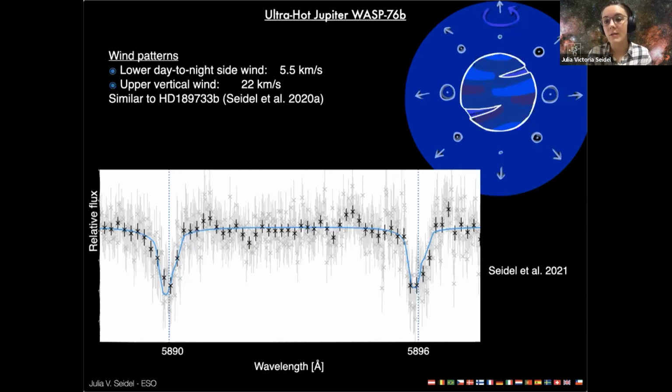This again is probably an upper limit because the sodium abundance isn't varied in altitude. So there is a little bit of a caveat here. But for the lower atmosphere, we get a wind speed transporting sodium across the terminator of around 5.5 kilometers per second. And this is quite interesting because this was published in 2021.